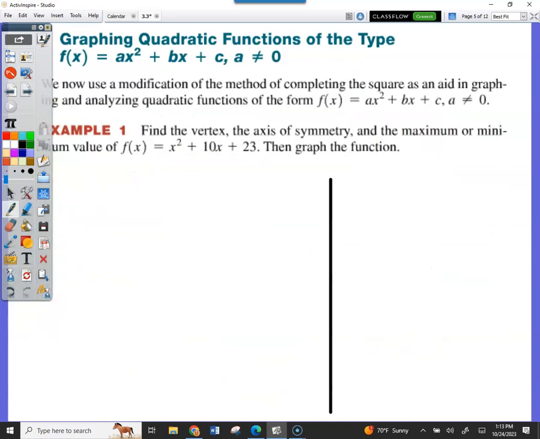What if I said, here's a quadratic, tell me the vertex, the axis of symmetry, if it has a max or a min, and then graph it? Well, you definitely need the calculator for the graphing part, right? What format is that quadratic in? Do you remember what it's called? Standard. This is called standard form.